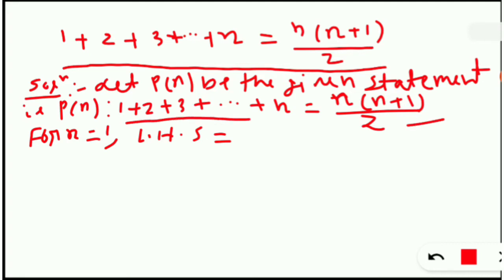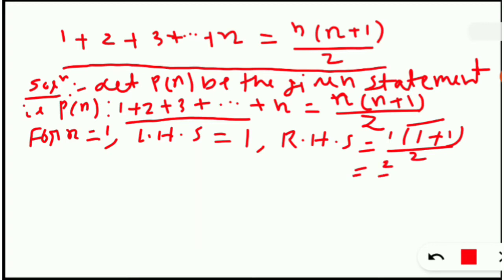If we put n equals 1, that means only the first term, so the left hand side equals 1, and the right hand side equals 1 into 1 plus 1 divided by 2, that means 2 by 2, so equals 1.